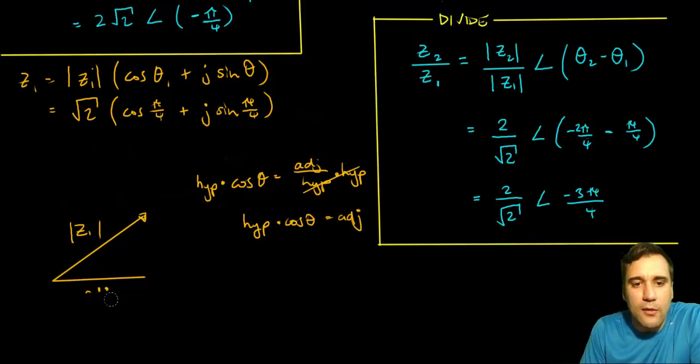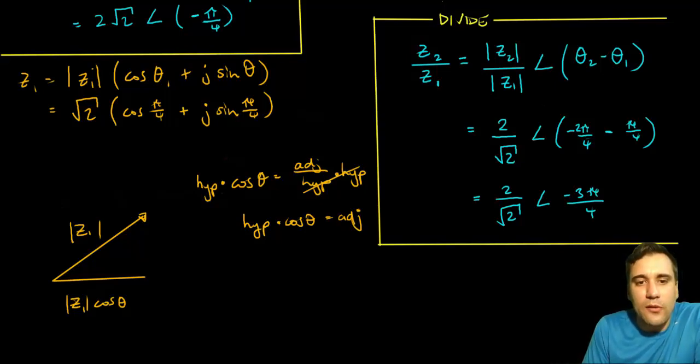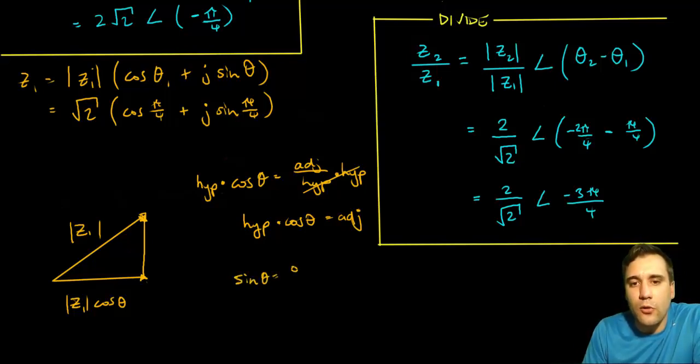So what we can say is that this adjacent side down here is going to be magnitude of Z1 times cosine theta, right? And we can say also that this side is going to be the J component. If you think about what's happening over here, what is sine? Sine of theta is equal to opposite over hypotenuse.